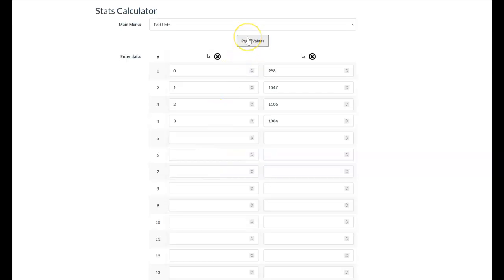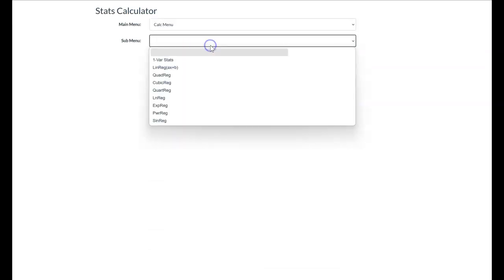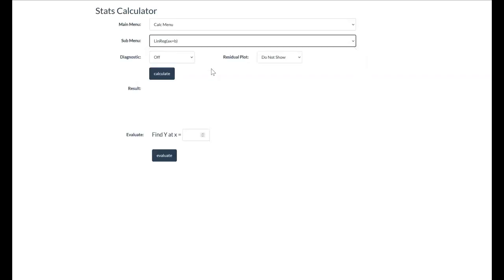Make sure you paste the values. We're going to go to Calc menu and go to linear regression. It's linreg. And hit calculate.